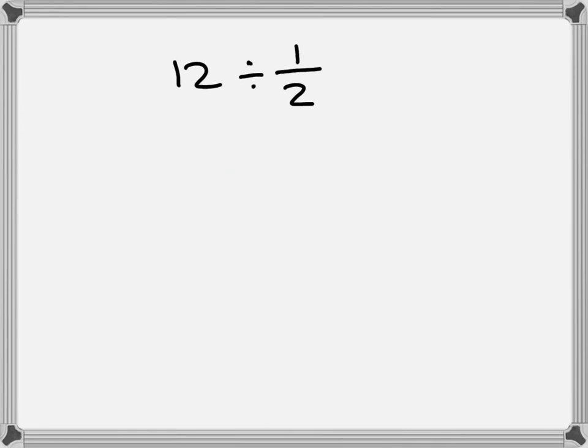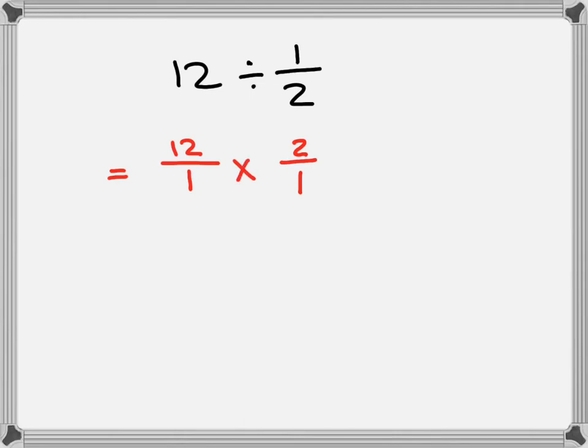Do you remember what we have to do to make a whole number into a fraction? I taught you that in previous lectures. You put it over 1. It doesn't change the value. So the first step is we're going to just make a whole number into a fraction, 12 over 1. Our second step is we invert the half. In other words, we put the bottom on the top and the top on the bottom. Okay. And now the third step is we're going to change divide to times.